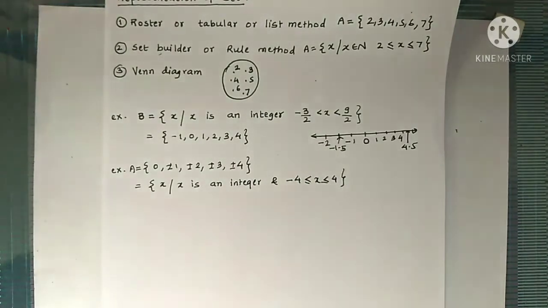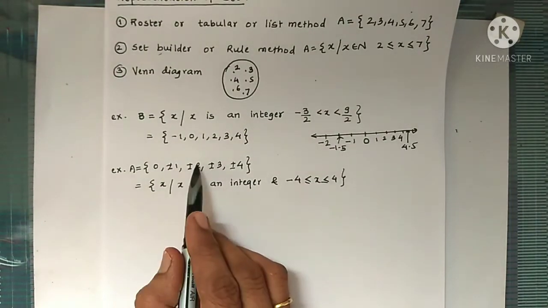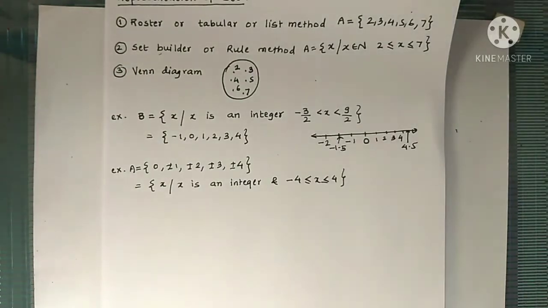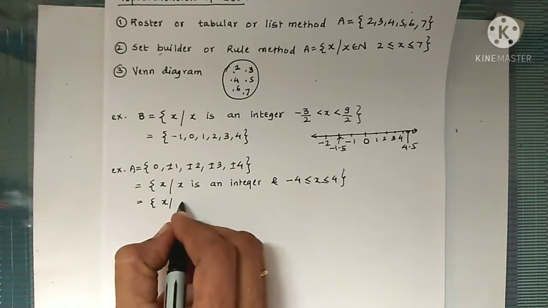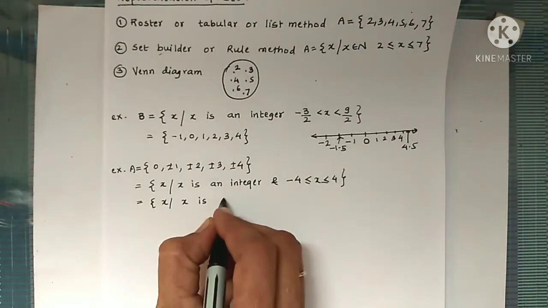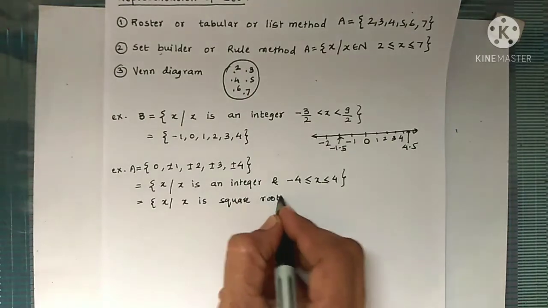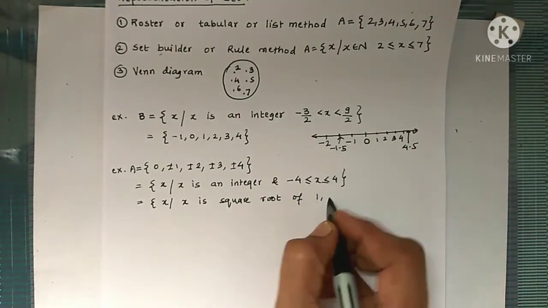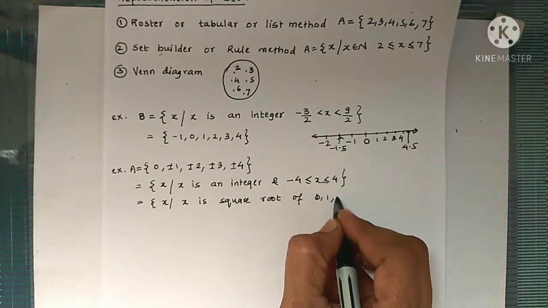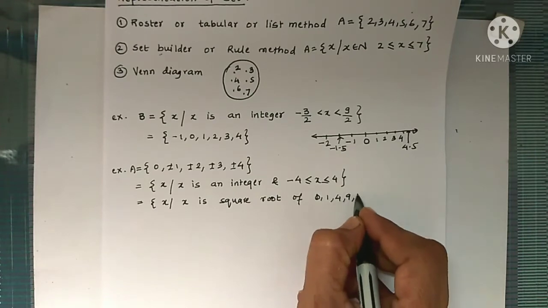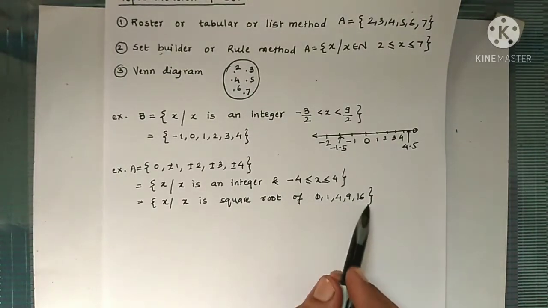So -4, -3, -2, -1, 0, then 1, 2, 3, 4. So we get all the numbers. Or we can write it as x, where x is the square root of 0, 1, 4, 9 and 16, taking 0 also as 0 is included there.